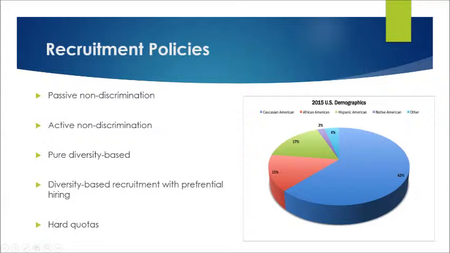But the recruitment policies that we just went over do help to curb some of those disproportions. Active non-discrimination, pure diversity-based recruitment with preferential hiring, and hard quotas all lend themselves to creating a more diverse workforce, which is going to be better for each and every organization that chooses to employ these recruitment policies.